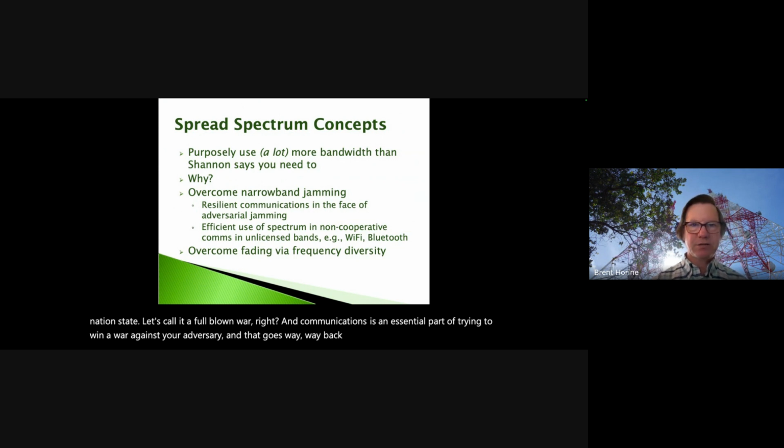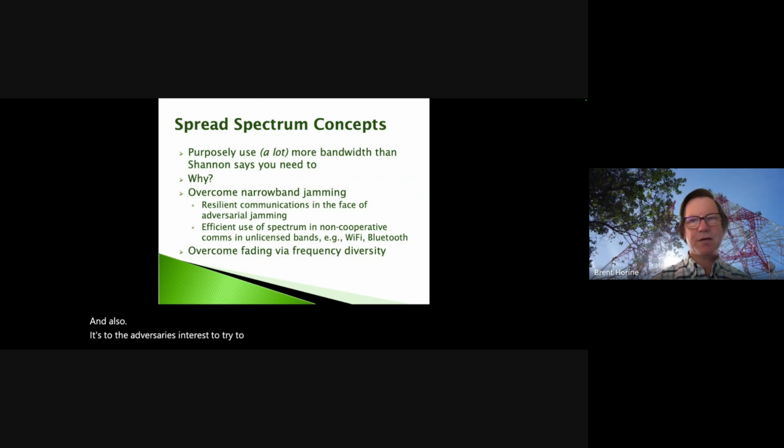As long as we've been fighting wars as a species, we've won or lost those in part based upon how effectively we can communicate between our commanders. So it's to the adversary's interest to try to jam your communications, right?